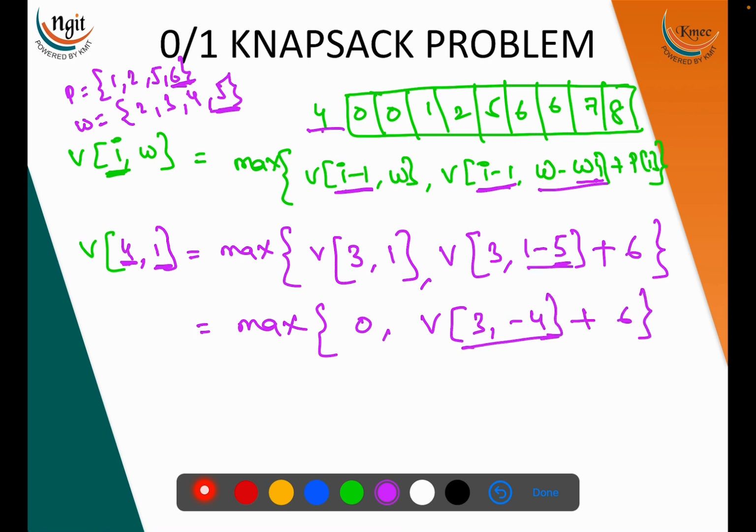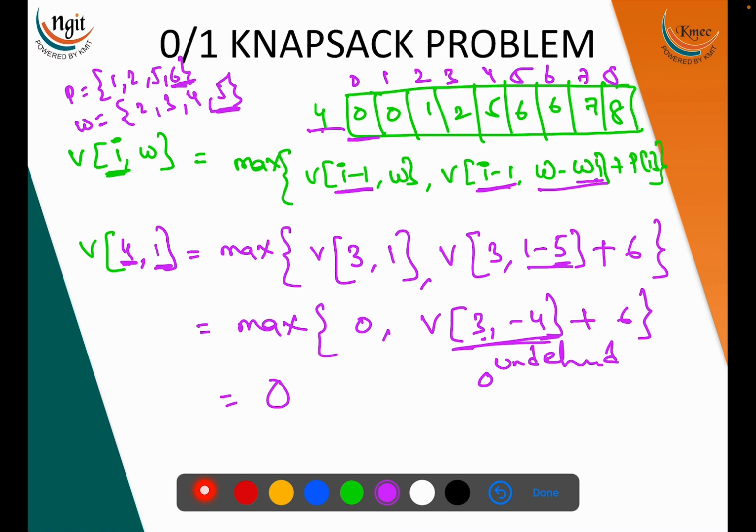Now this value is what? Undefined, because we do not have a negative index, right? We do have 3 comma 4 index from the table, but we don't have 3 comma minus 4. So it is undefined. That means we will take the value as 0. So for 4 comma 1 the value is 0. Now these are the indexes.